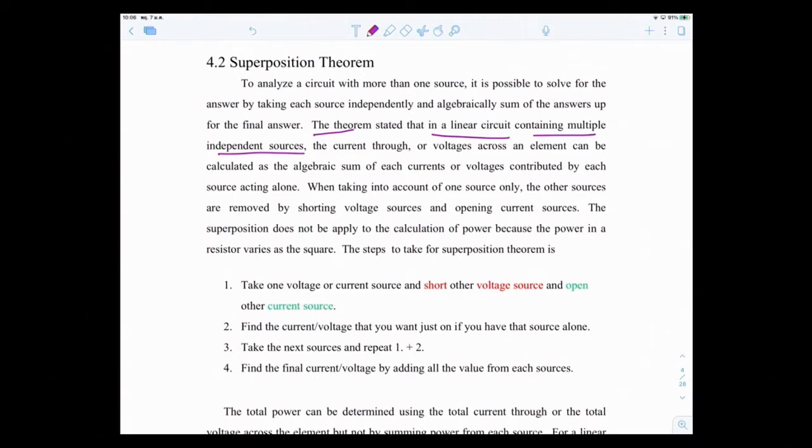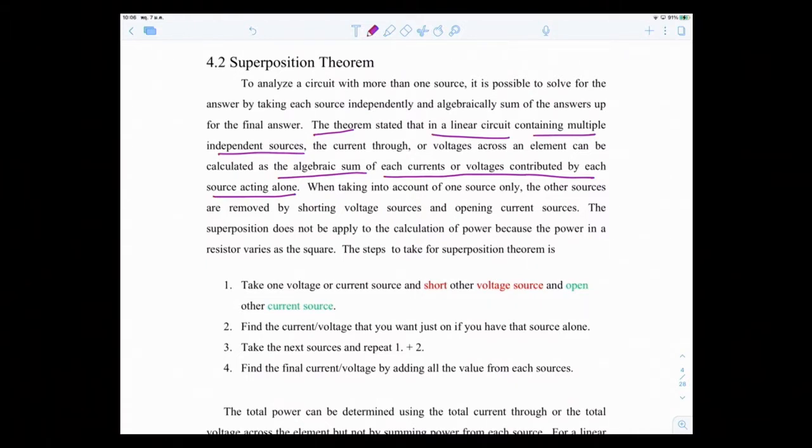In this case, one way to do it is to get your final answer by calculating the algebraic sum of the voltages or currents contributed by each source acting alone. So let's say you have 3 sources. You take one source at a time, analyze the problem with that one source only, and turn off the other 2 sources.